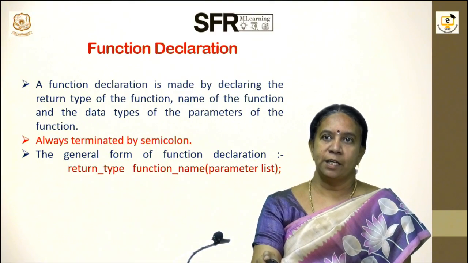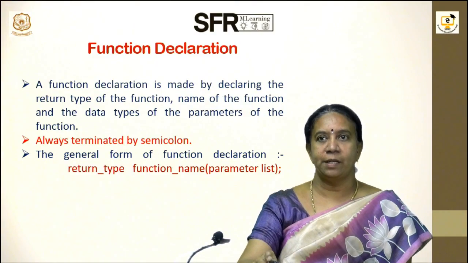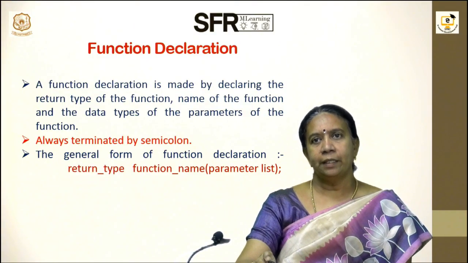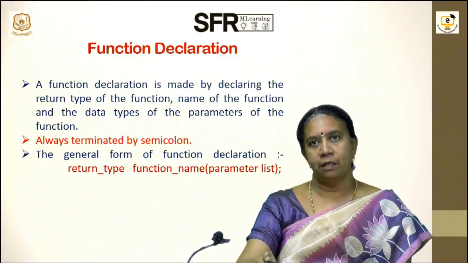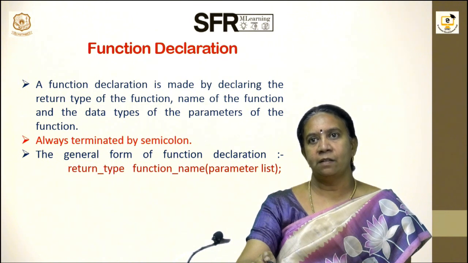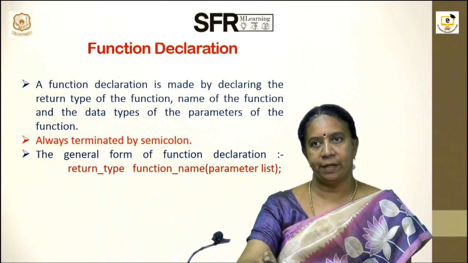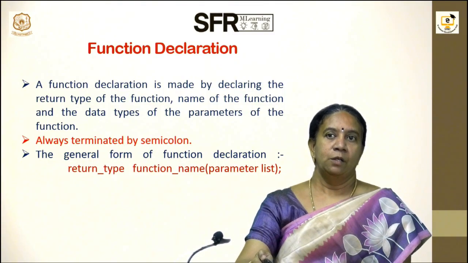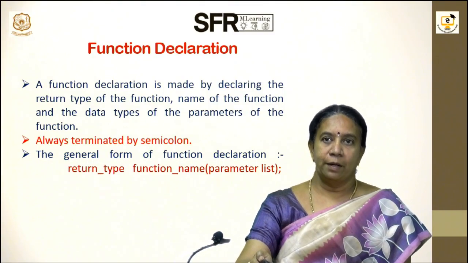The function name starts with an alphabet. The function declaration or prototype should be terminated with a semicolon. The general form is return type, function name, parameter list, semicolon. You should not miss the semicolon.